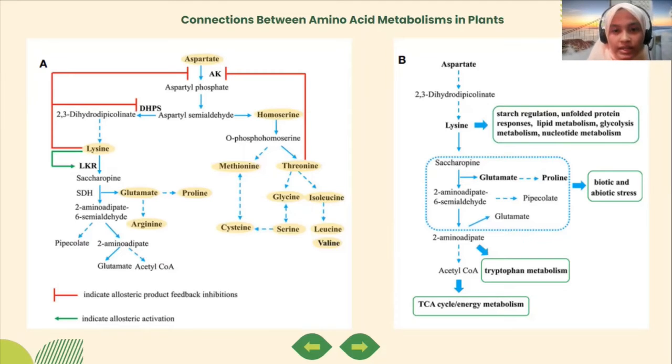Diagram B also has a set of amino acids which are used in biotic and abiotic stress in plants, as well as producing acetyl-CoA, which is important in the TCA cycle or energy metabolism in plants, which means it produces energy for plants to function.